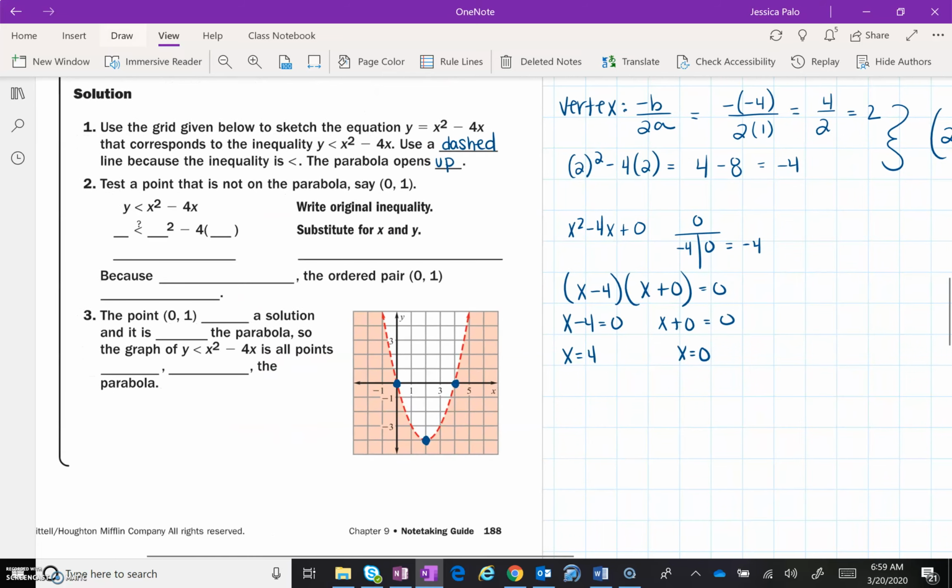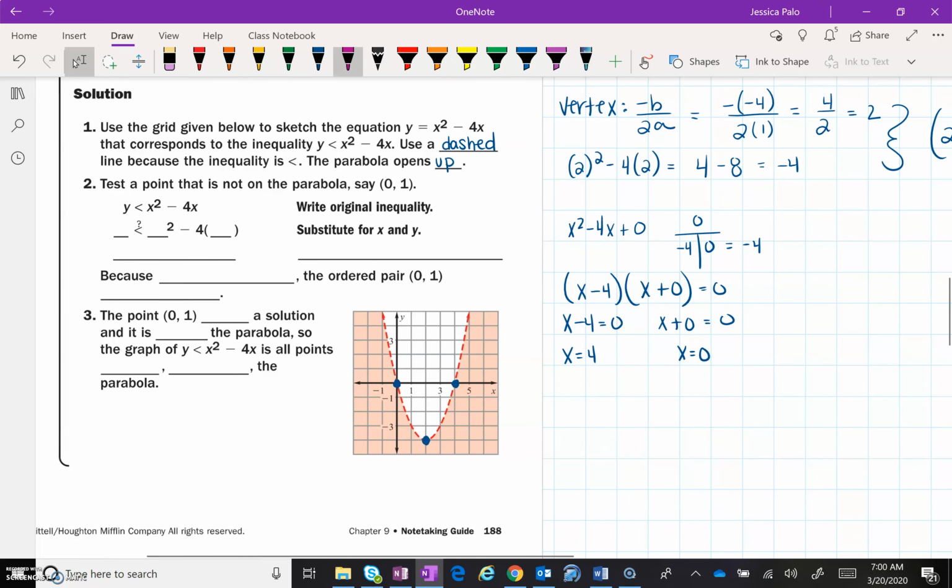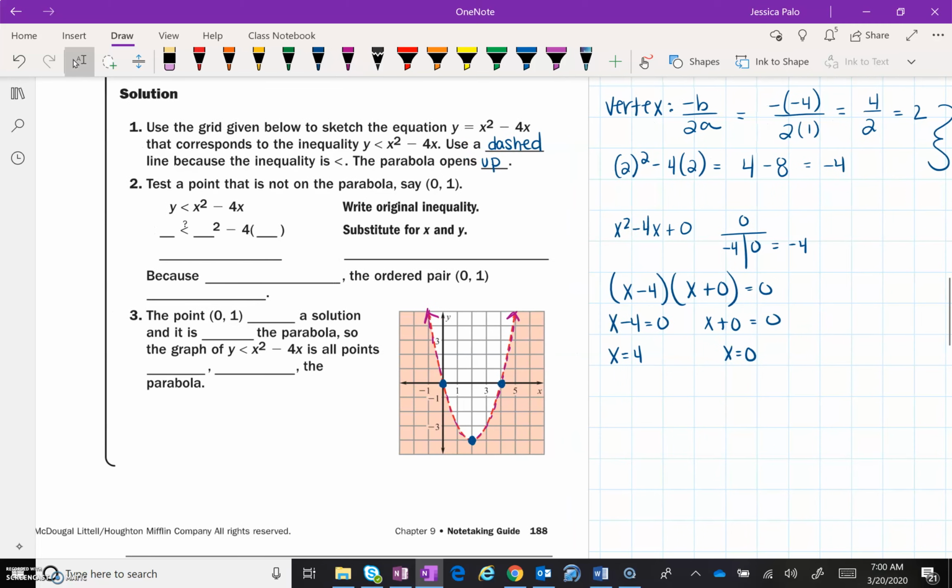And we know that this is a dashed line. Remember we need to extend our parabola all the way up to the edges of the graph so that when we shade, we know where we're shading.